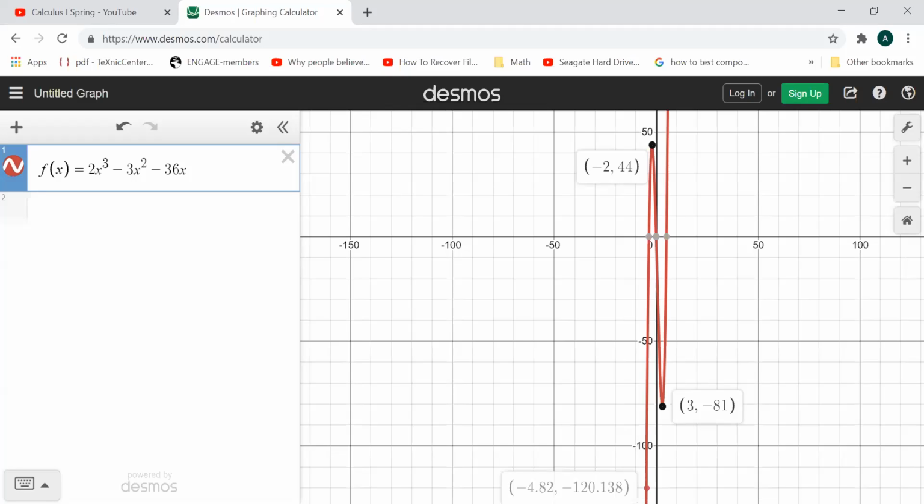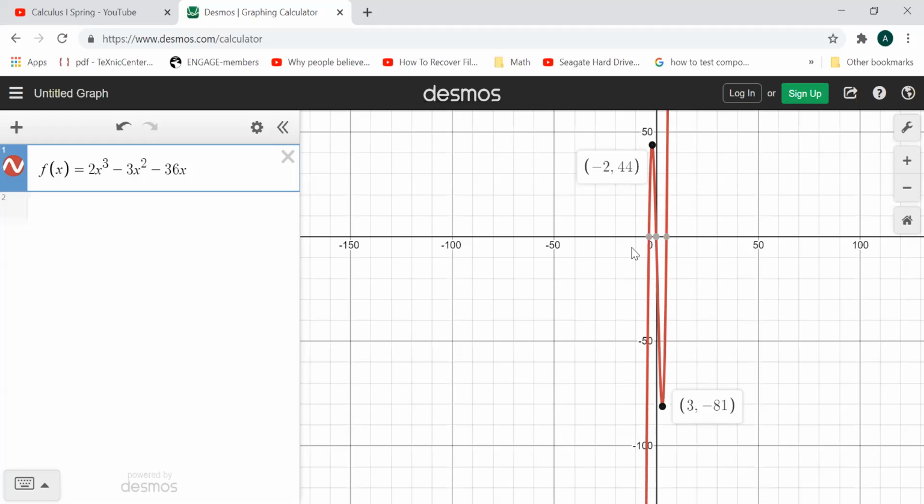That's much lower. So there are points lower, and obviously there are points higher on the graph. So this graph does not have an absolute maximum or absolute minimum.